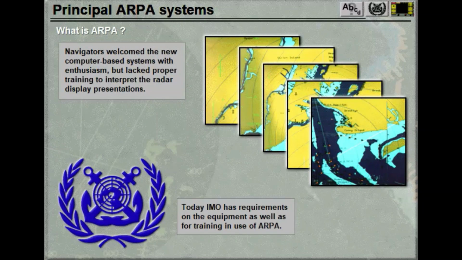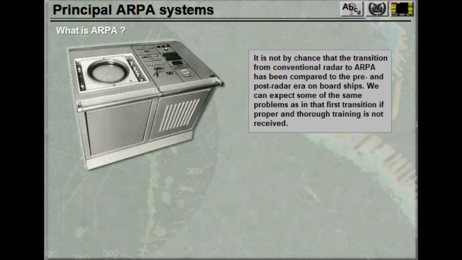Today, IMO has requirements on the equipment as well as for training and use of ARPA. It is not by chance that the transition from conventional radar to ARPA has been compared to the pre- and post-radar era on board ships.